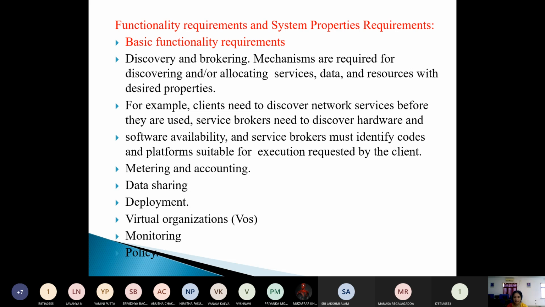Service brokers check the availability of software and hardware and identify the code and platform for execution.